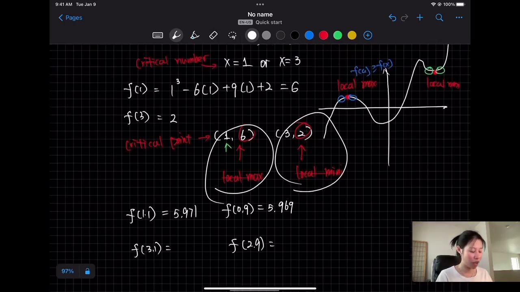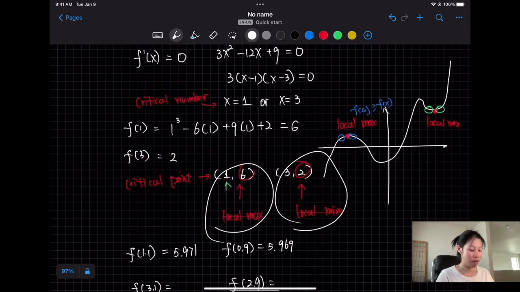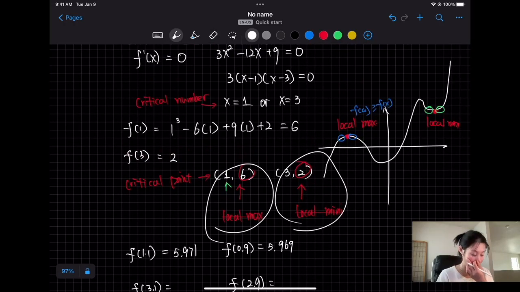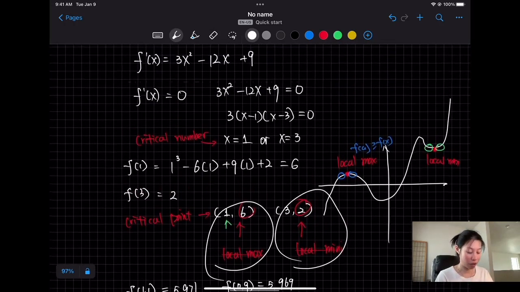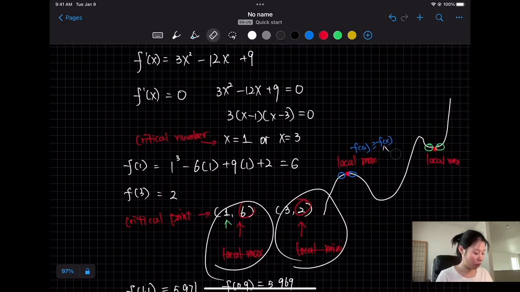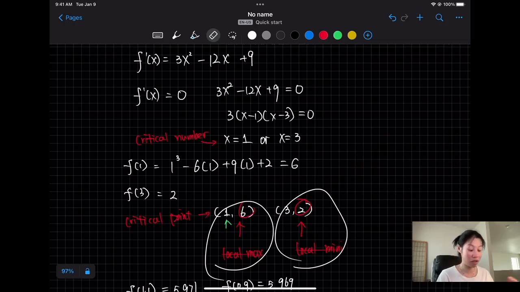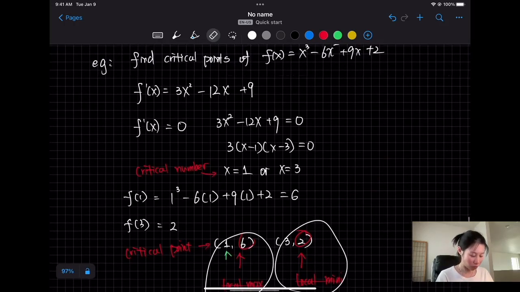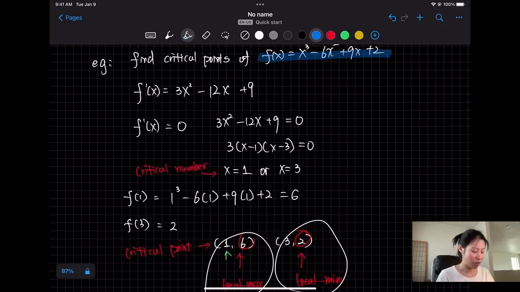Now let's try to figure out, does this function have a global minimum and global maximum? Well, I'm going to erase this because this is not the graph of the function. So for this specific function, do we have an endpoint? Since the domain doesn't have restriction, we didn't say s is between 1 and 10, so there's no endpoint.